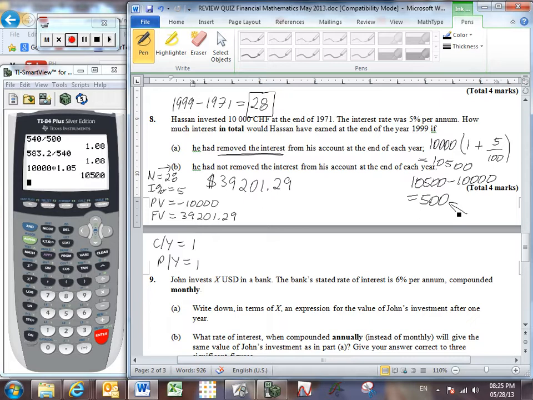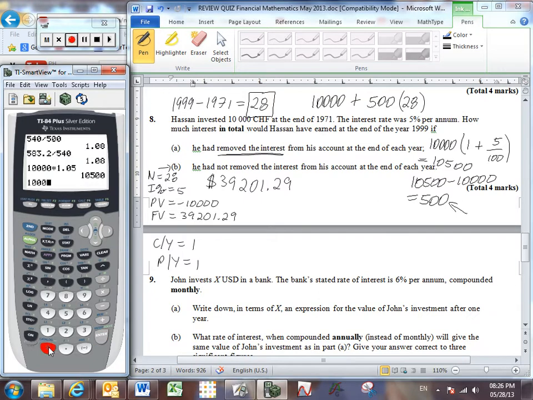investment. In part B, if he's leaving the interest in the account, then of course every successive year he'll gradually get more and more interest, starting with 500, but then a little bit more the following year, a little bit more the following year. But part A says that he removes the interest each time, so not only is he going to have the initial 10,000 investment, but he's also going to have the 500 that he was earning in interest each year times the 28 years that have passed.